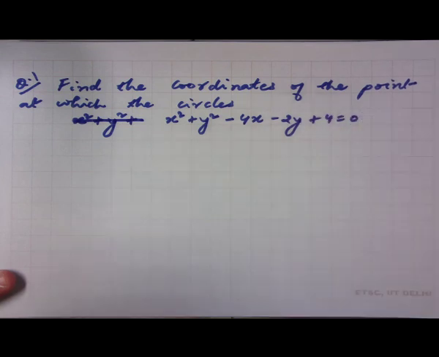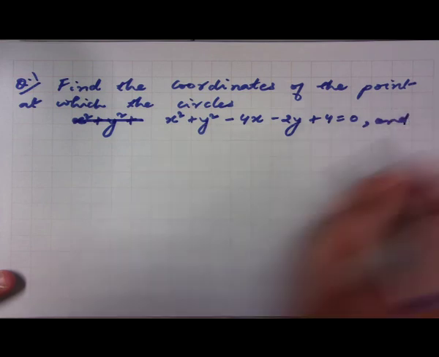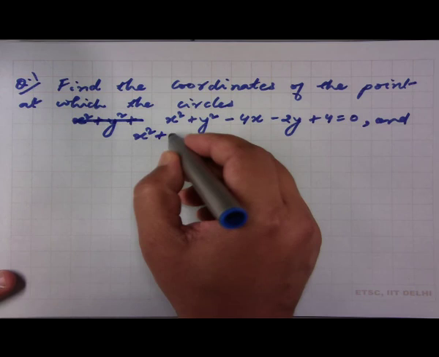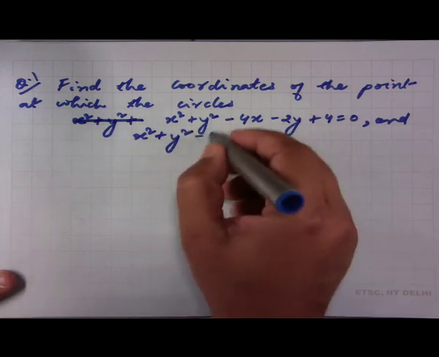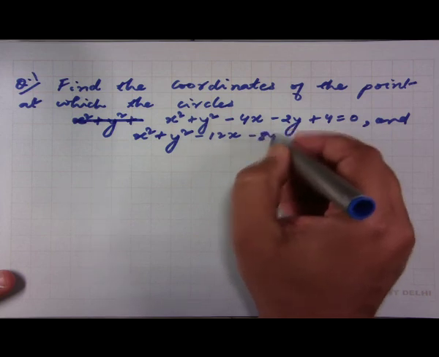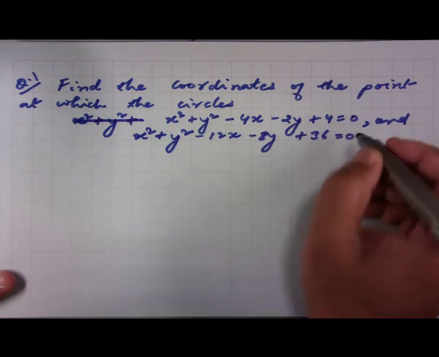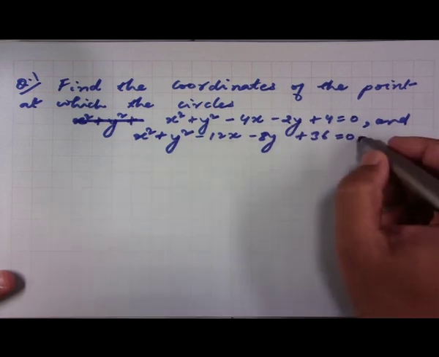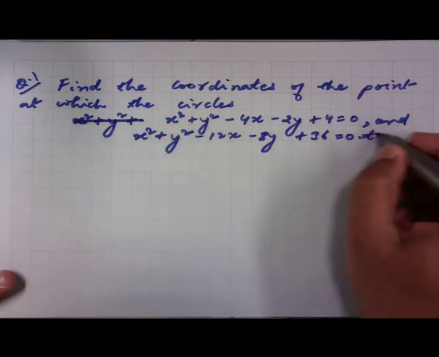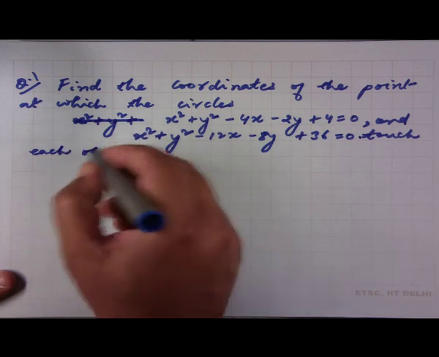And the other circle has equation x square plus y square minus 12x minus 8y plus 36 equals 0. So we are asked to find the coordinates of the point at which these two circles touch each other.